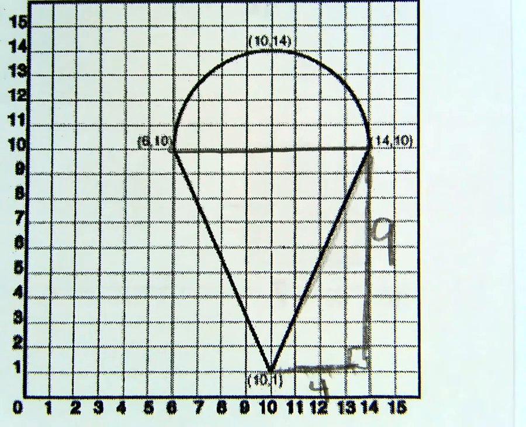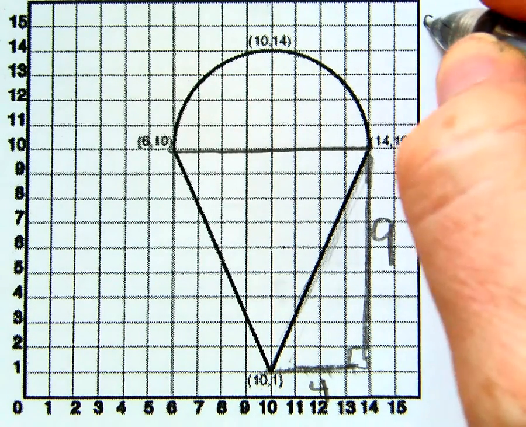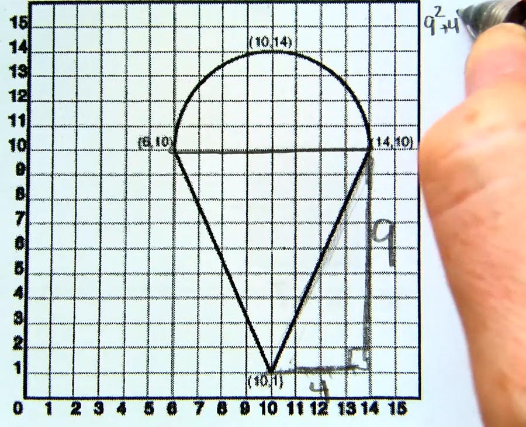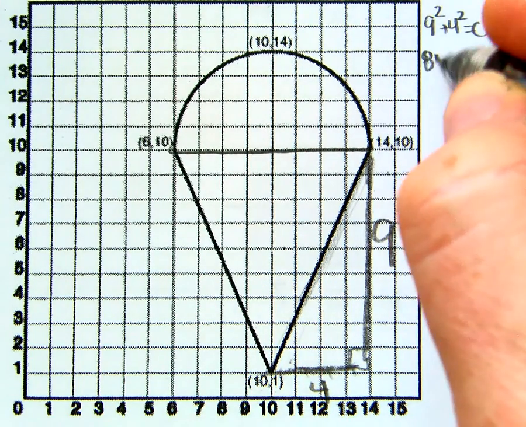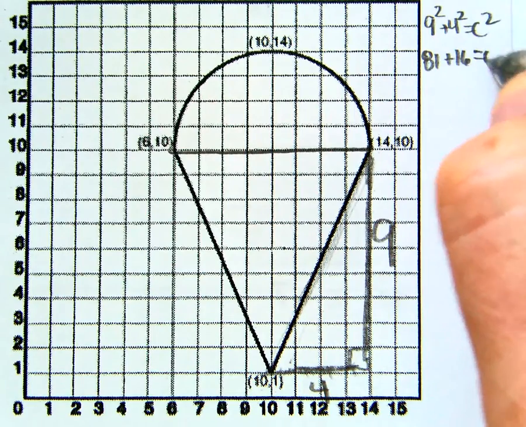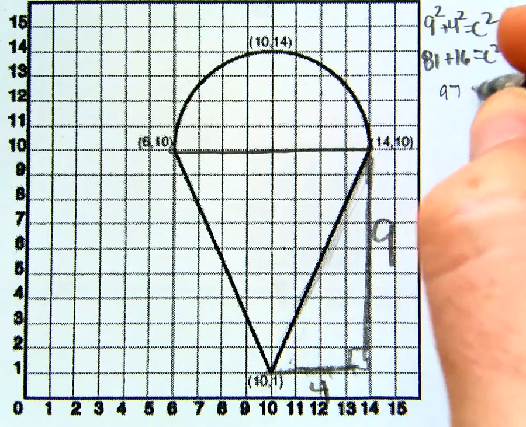And so if I want to figure out what this side of the figure is, I can just do 9 squared plus 4 squared equals c squared, which is going to be 81 and 16, which is 97.